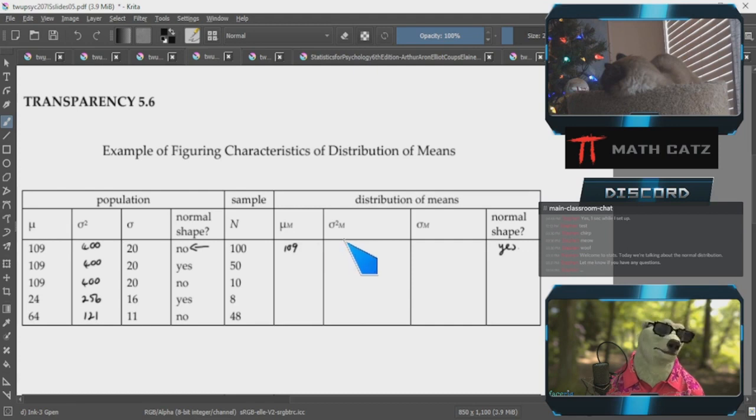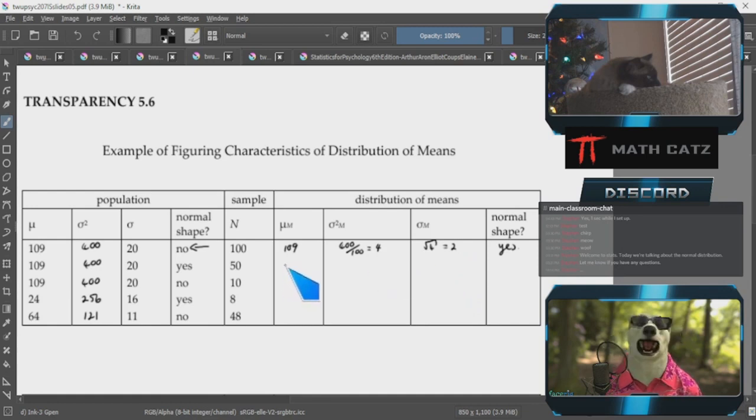The variance will be the population variance over the sample size, which is 4. And then the standard deviation is just the square root of that, right?